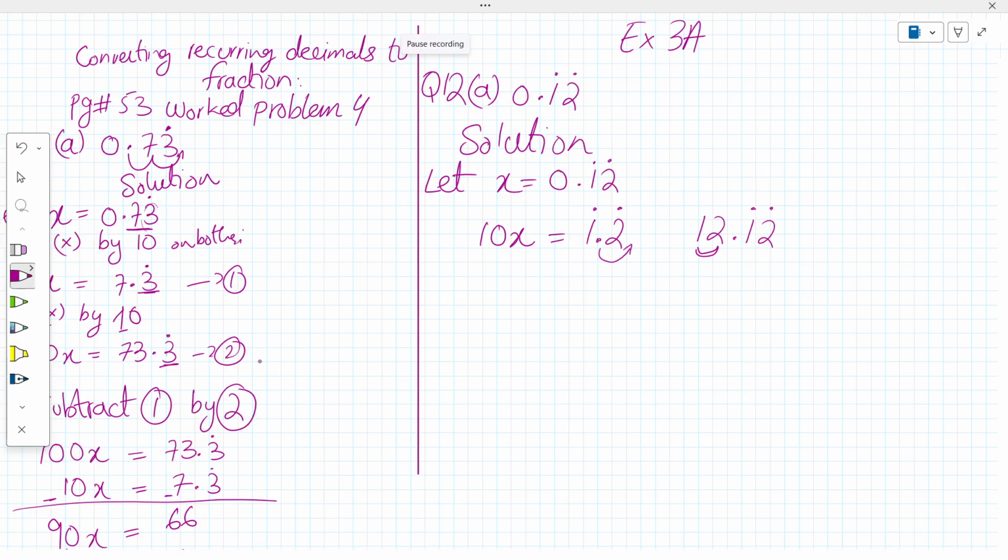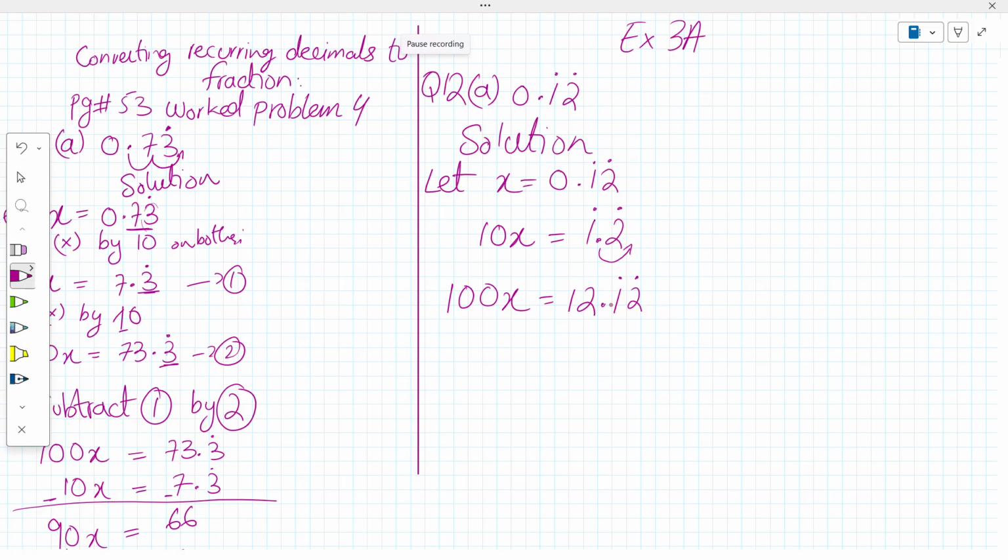In the same way we did before, the 3 was a repeating recurring number, so we wanted it out, and after that we do the subtraction for the required equation. Now continue here. So again multiplying by 10, the value will be 100x equals 12.12 with the dot notation.